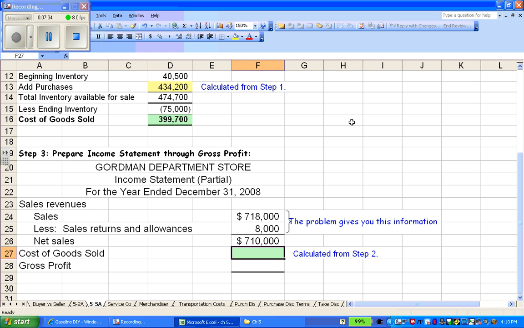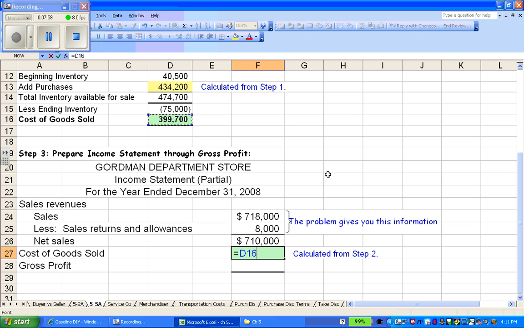Then I'm going to put in my cost of goods sold. Now I can just take the amount that I calculated in step 2 of 399,700, or I can link it. I can use Excel to do a formula. So if I use the equal sign, that's letting Excel know that I'm going to use a formula. And then I can just arrow up to that 399,700.